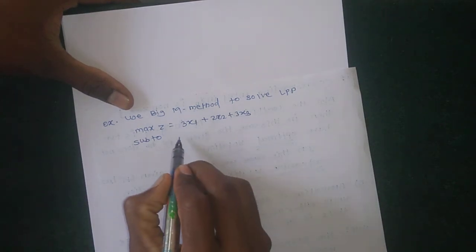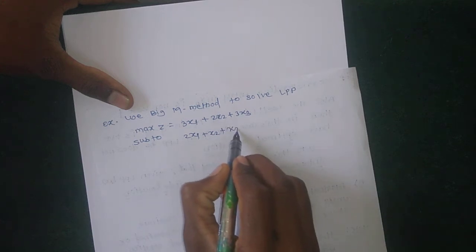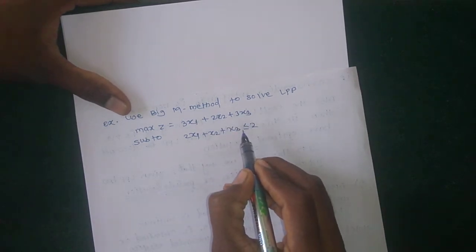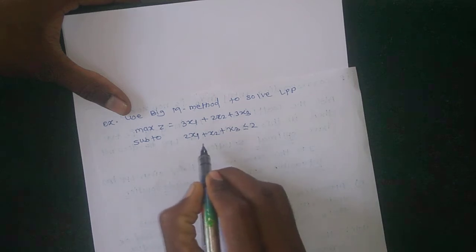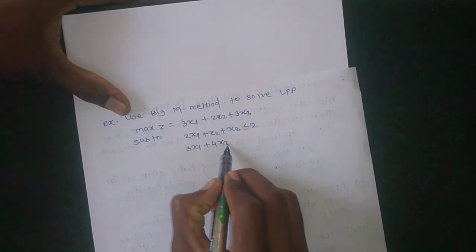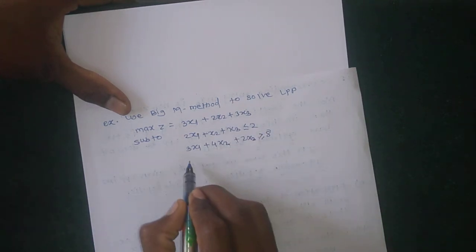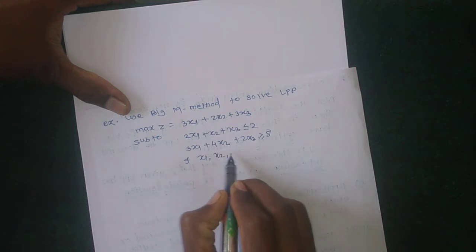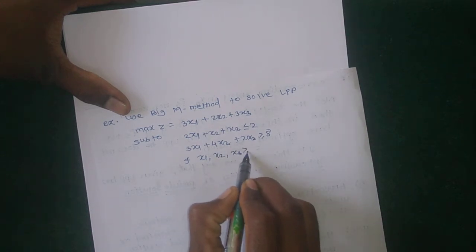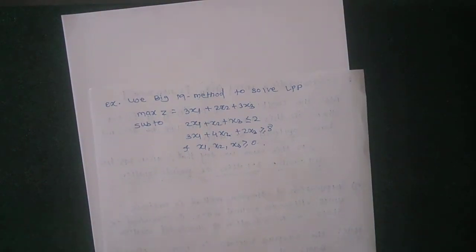The constraints are 2x1 plus x2 plus x3 is less than or equal to 2, and the second constraint is 3x1 plus 4x2 plus 2x3 is greater than or equal to 8. Non-negative condition: x1, x2 and x3 are greater than or equal to 0. Okay, so this is our LPP. So we have to find the solution by big M method.